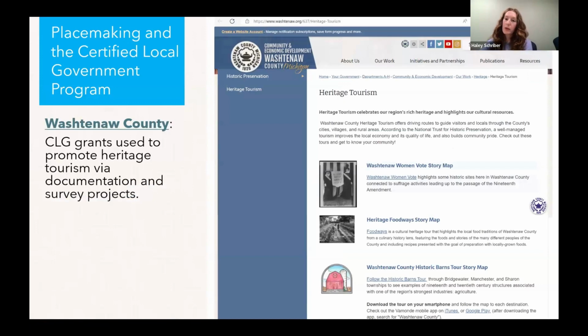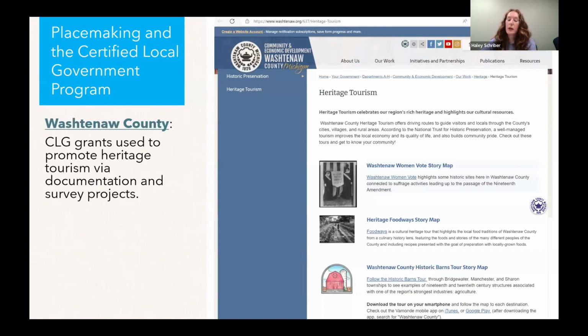A second example is more in line with that foundational preservation that I was talking about earlier. So we're looking at Washtenaw County, and they have been previous grant awardees, and they have used the grant to fund documentation and survey projects. They've previously been awarded 4 grants in which they've completed a thematic study that they then use to create educational materials and heritage tourism materials.